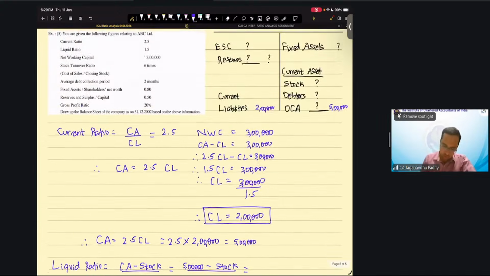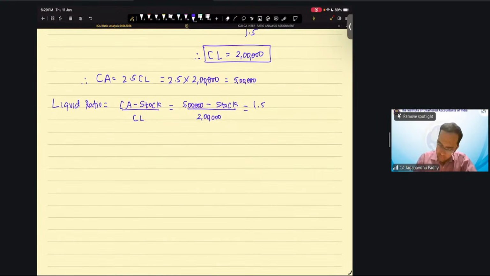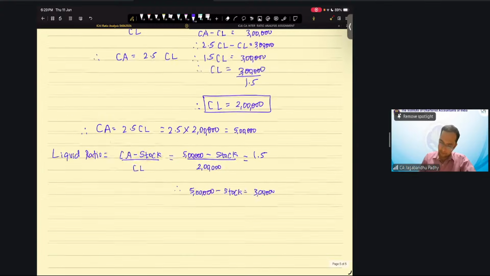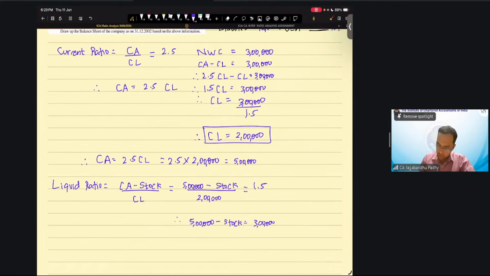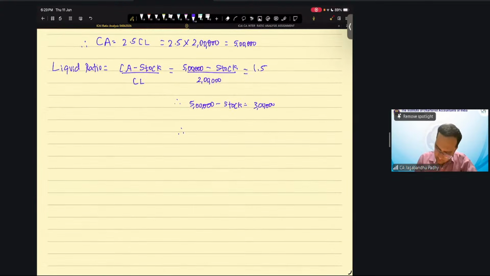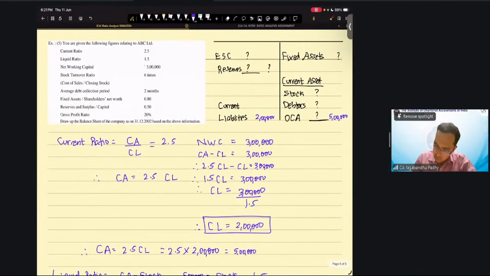And this liquid ratio equals 1.5. So this is definitely 5 lakh minus stock is 3 lakh. So we get the value of stock as 2 lakhs. Perfectly fine.